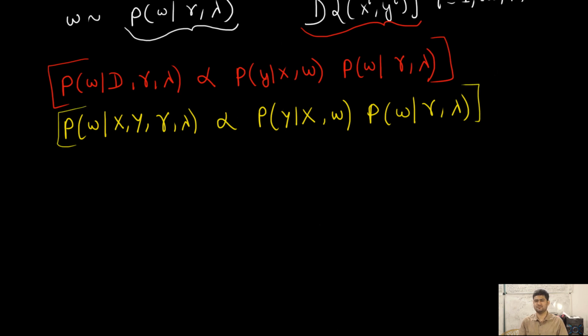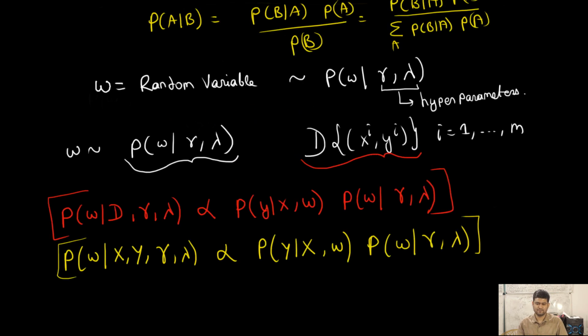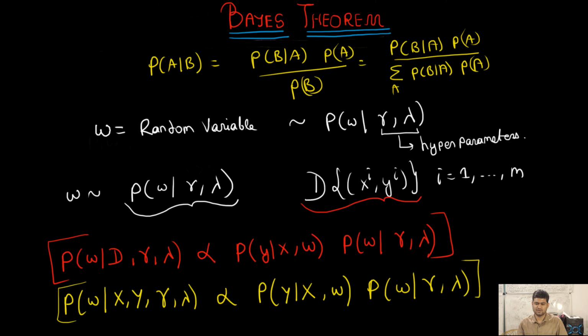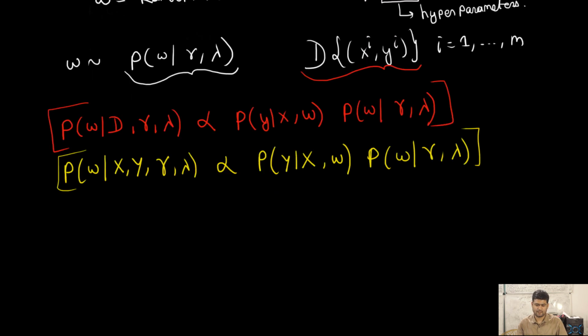And since this W is a continuous variable, we can see that the denominator is given by the probability distribution of B, which is nothing but marginalizing the numerator, the conditional distribution of B given A times the probability of A, over A. Right.